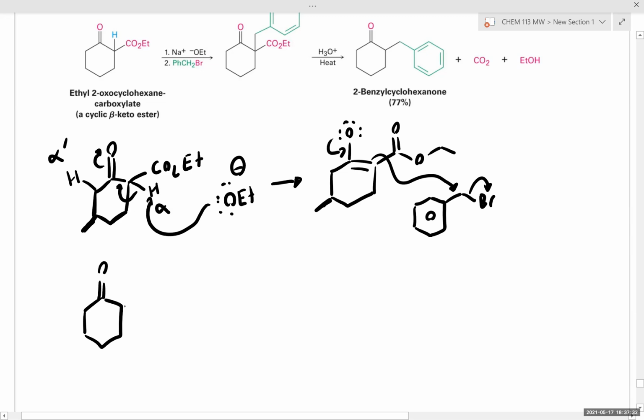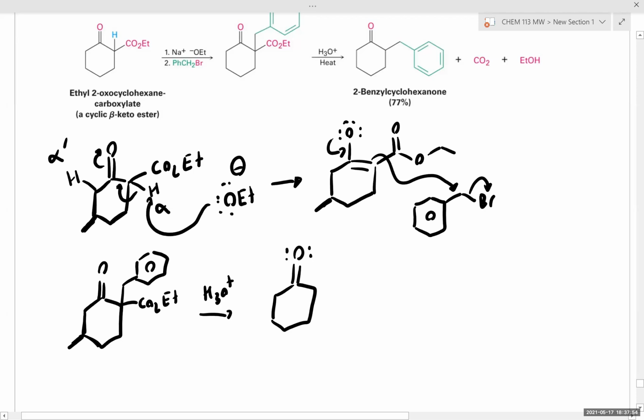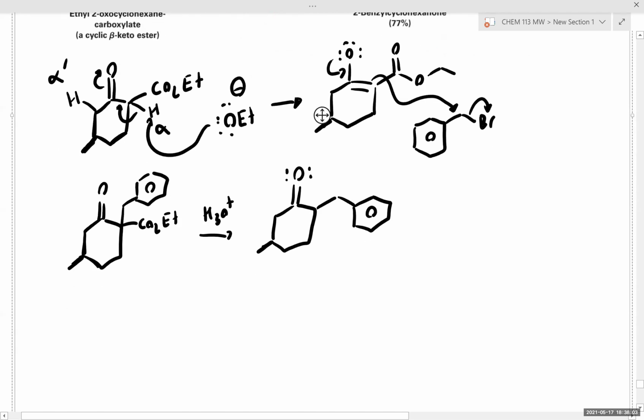And then from here, once we've alkylated our enolate, we can remove our ester functionality via decarboxylation. So in effect, we can use a beta ketoester to control the regioselectivity for these enolate alkylation reactions.